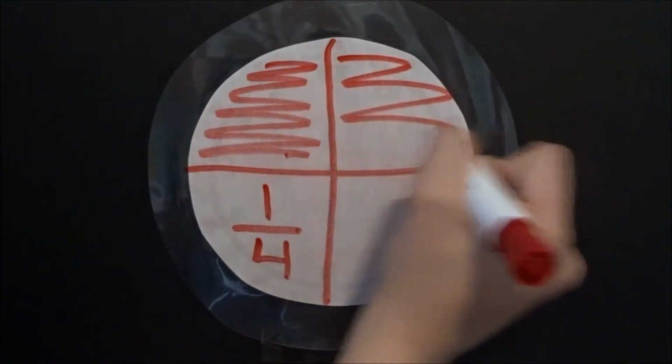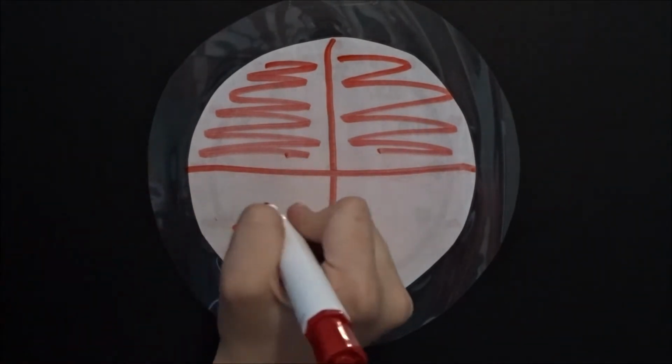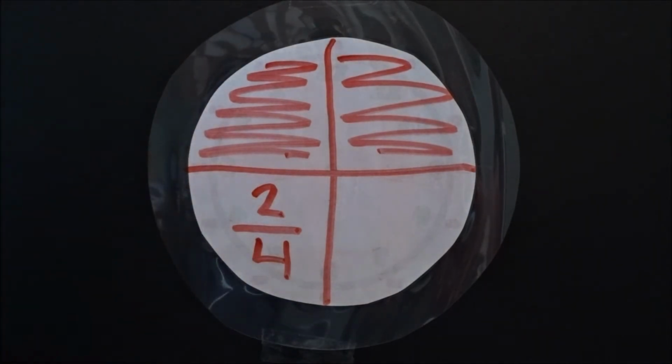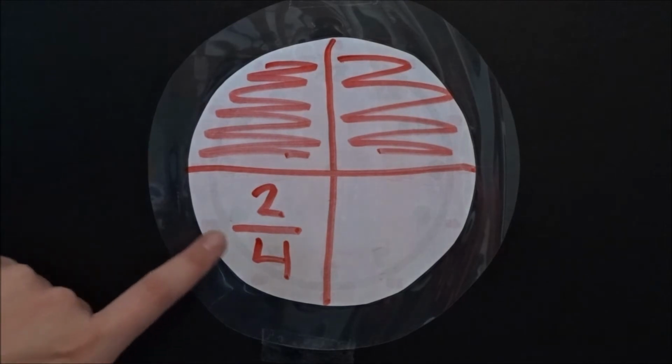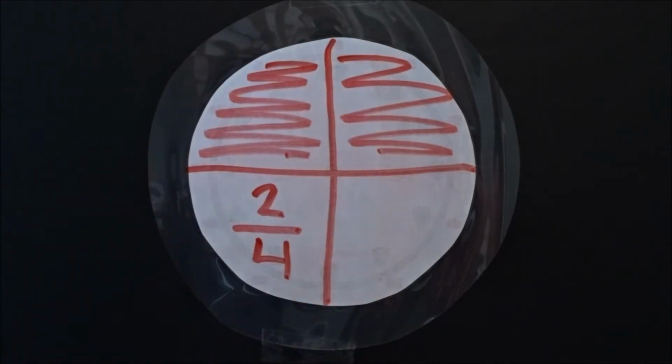Now, if you had 2, then you would just change that number to a 2. And it would be 2 over 4, because you chose to have 2 of the pieces of pie of the total 4.